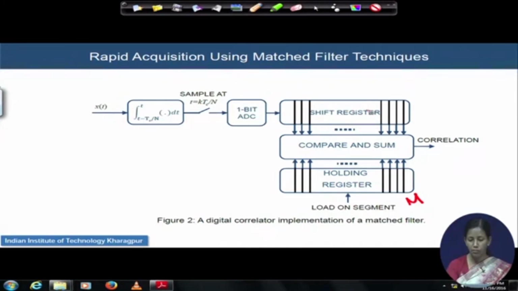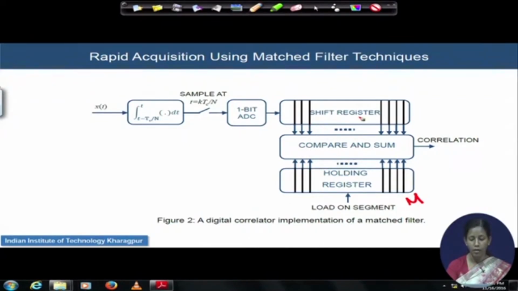Inside the shift register, whenever a new bit enters, the last bit goes out, and all the bits stored in the shift register are compared inside this comparator block one by one, a corresponding comparison.